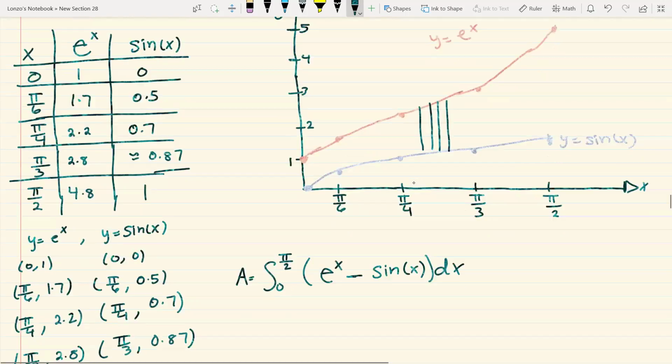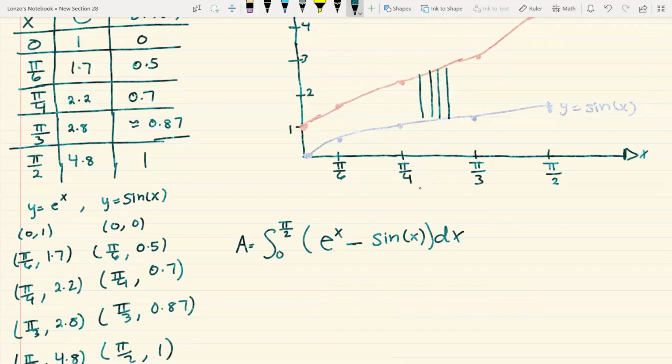Okay, so now let's just take the integration. What's the integration of e to the x? It is e to the x. What is the integration of negative sine of x? It is positive cosine of x. And we are going from 0 to 5 halves.